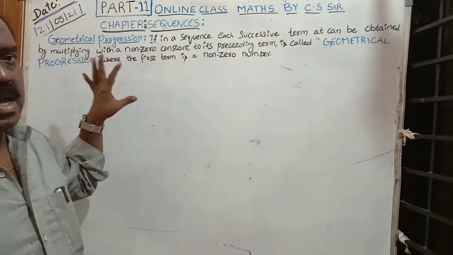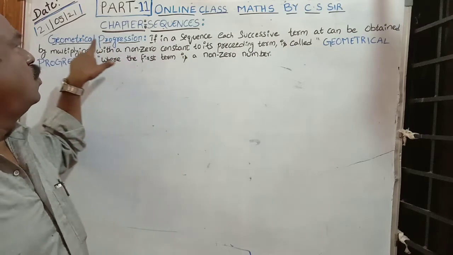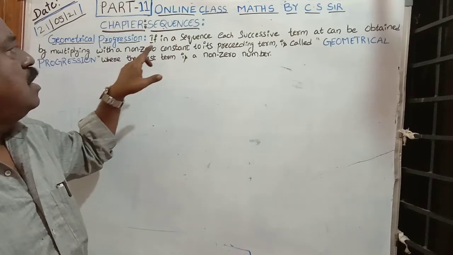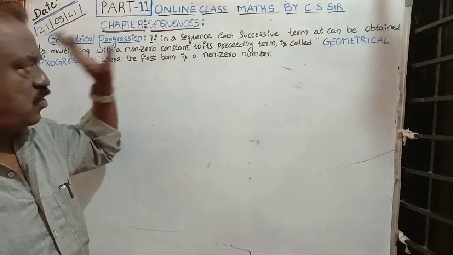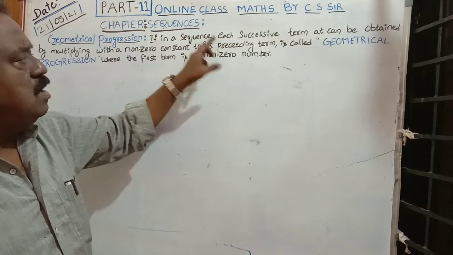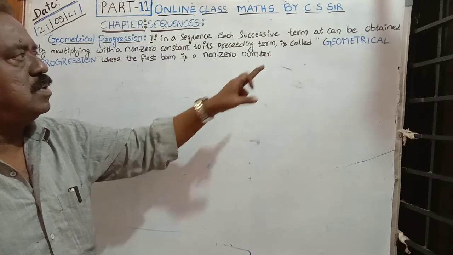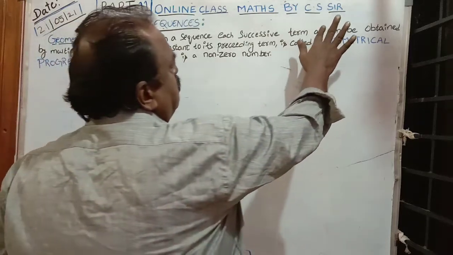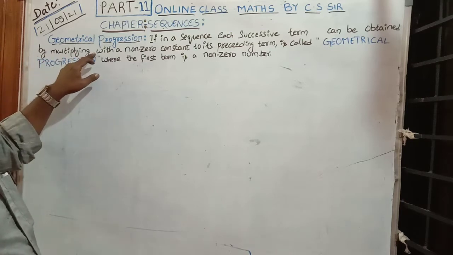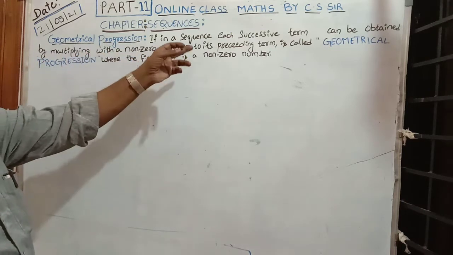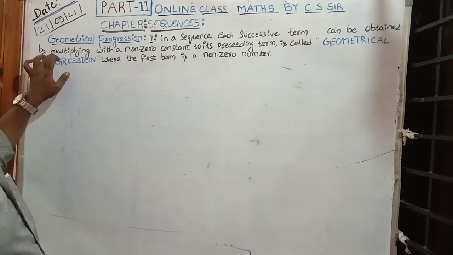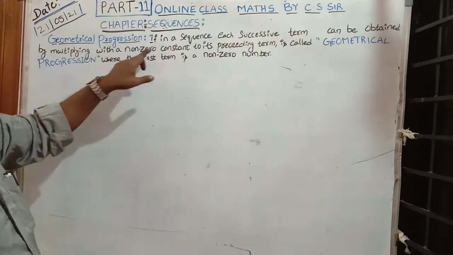Here we completed the arithmetic progression. Now we are going to learn about the geometrical progression, GP. If in a sequence or in a series, each successive term can be obtained by multiplying the preceding term with a constant.